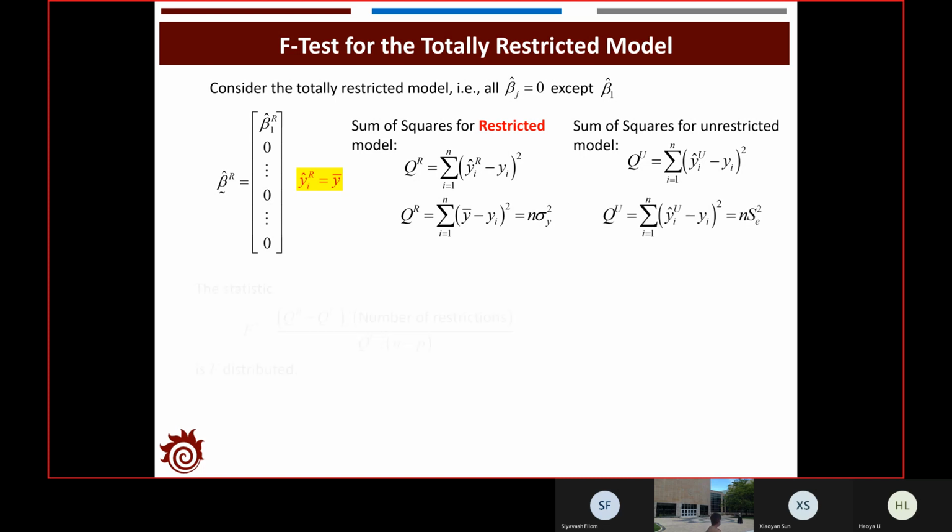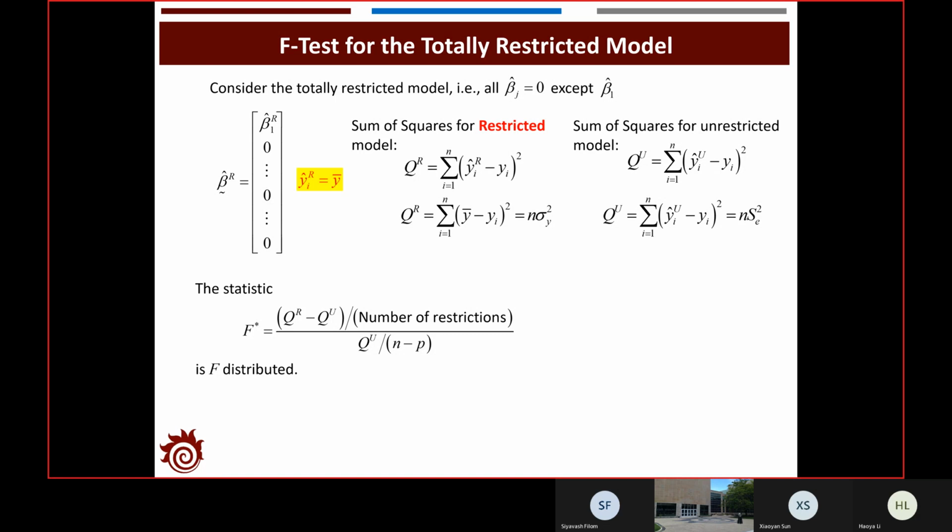For the F test, in the statistics, the number of restrictions will be all the other variables. So we actually have p minus 1 variables removed, so this will be p minus 1.